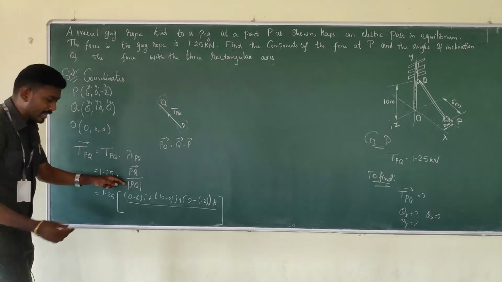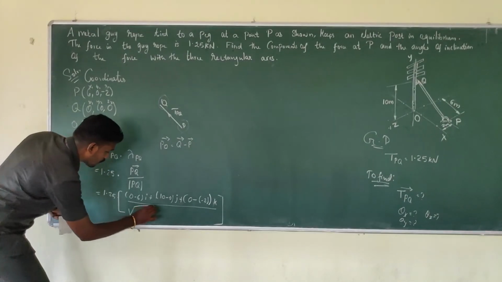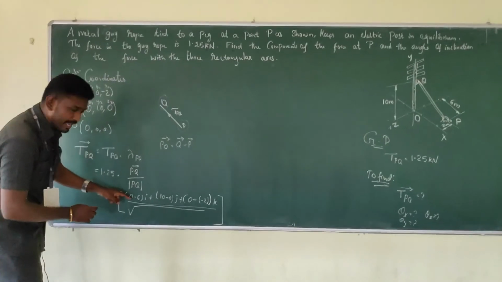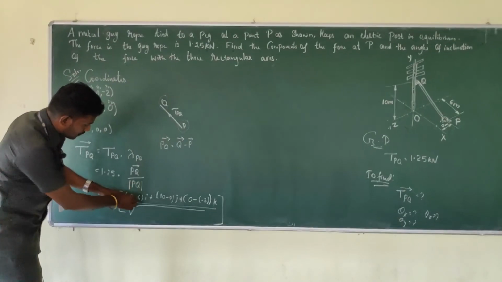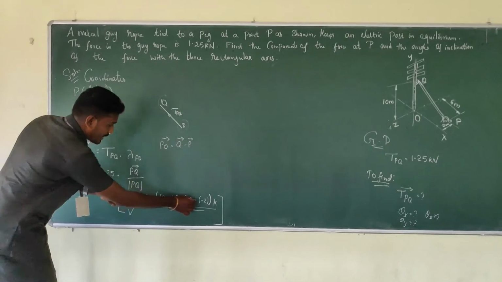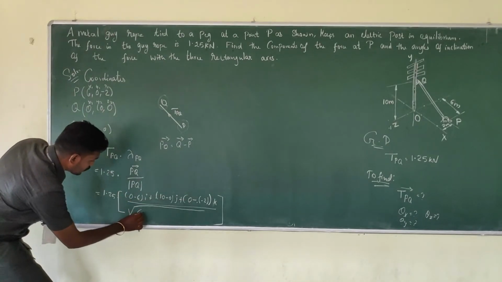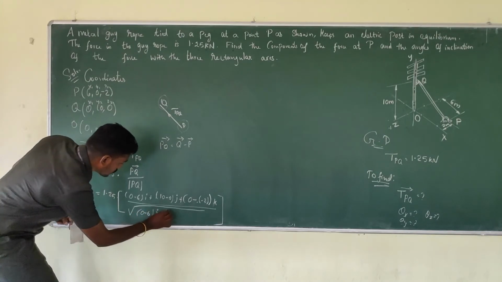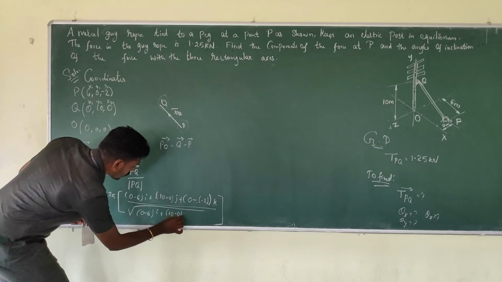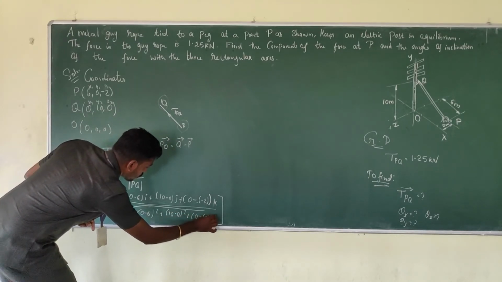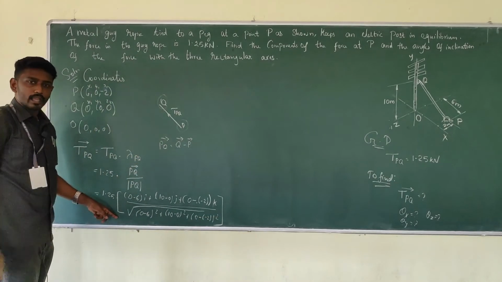So here magnitude can be taken by square root of position vector. That means take square root and do square for each and every component i, j, k. So that means here it will be 0 minus 6 the whole square plus 10 minus 0 the whole square plus 0 minus 2 the whole square. Okay.